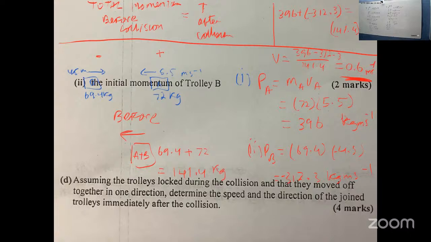Same thing, because 0.6 going west. So don't forget to write 0.6 meters per second going west.